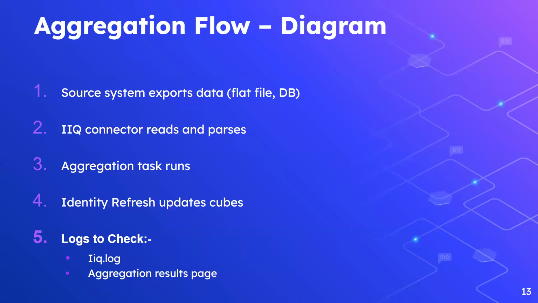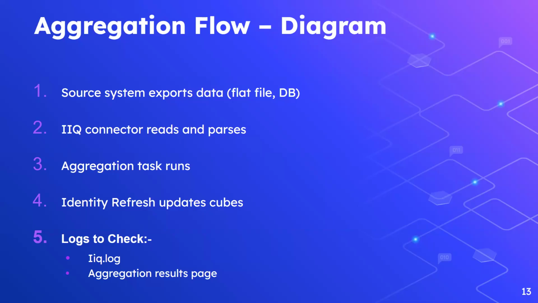So basically the flow of aggregation is that the source system, in our case a flat file, exports the data. Then the IQ connector typically reads that data and parses it, and then the aggregation task runs.